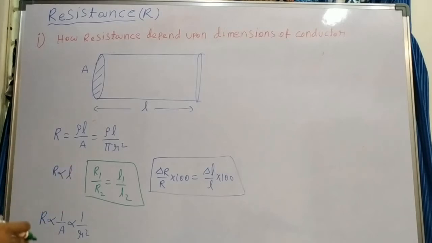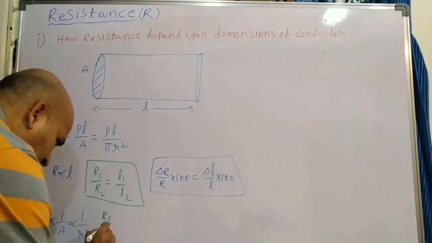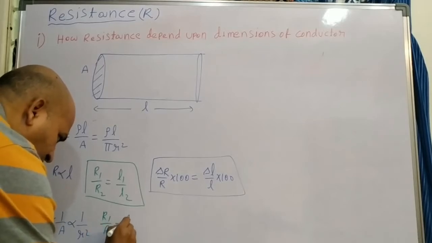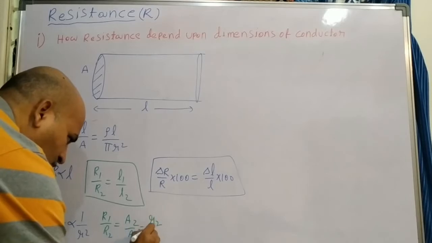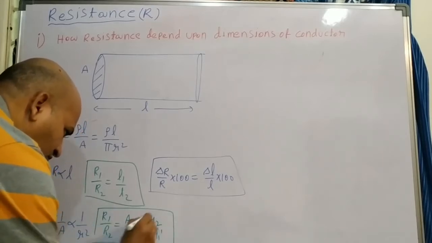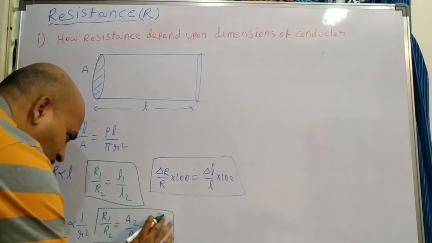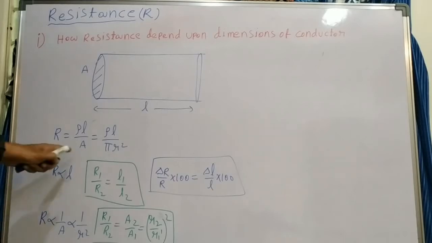Suppose keeping length constant, only area changes, we can write R1 by R2 is equal to A2 by A1, which is equal to r2 by r1 whole squared. Because area is equal to pi r squared, we get it like this.